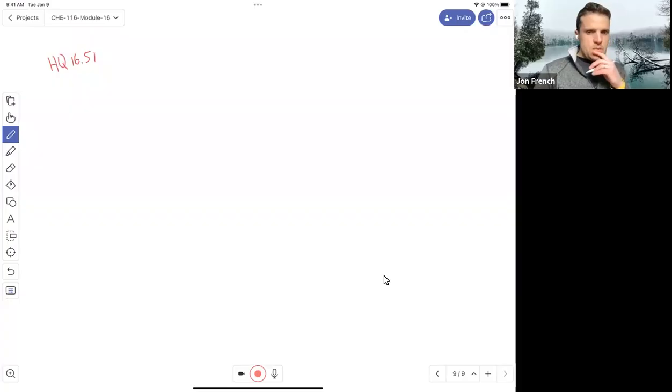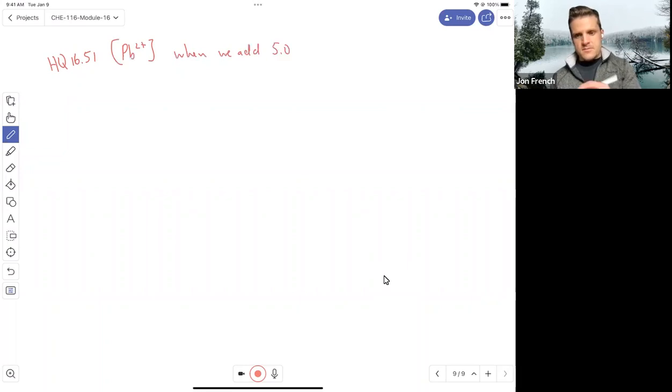So for question 51, we're asked to find the concentration of lead in solution, and they give us a bunch of extra information that we don't need. They tell us, when we add 5 grams of lead 2 iodide to solution in 500 milliliters of 0.1 molar calcium iodide.